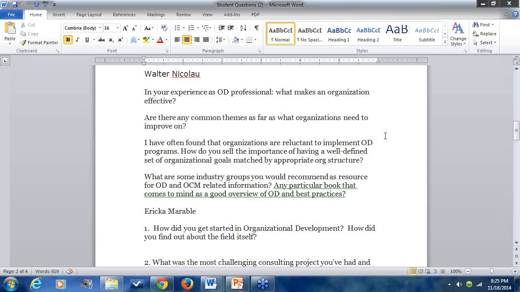There are a lot of good little books like Who Moved My Cheese that are quick and dirty and fun to read. One that I really liked that I read years ago is by Eliyahu Goldratt. It's called The Goal. It's actually written as a novel in which an organization is trying to create some major changes. So that's a good one too.